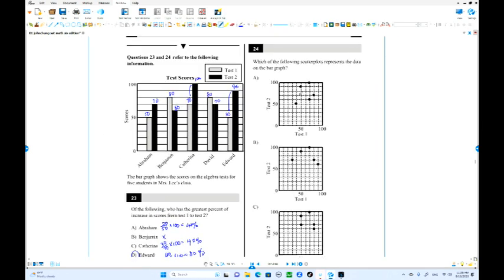Now 24: which of the following scatter plots represents the data on the bar graph? We're going to express these test scores in the scatter plot. The first one is test 1 over here, test 2, a little different format. Abraham: test 1 is 50, test 2 is 70.